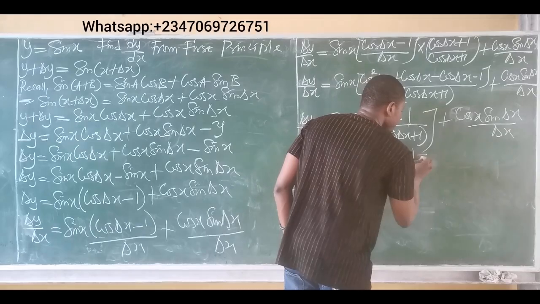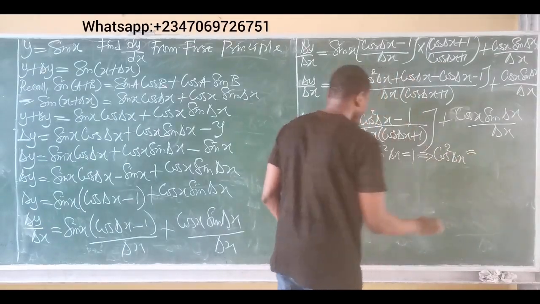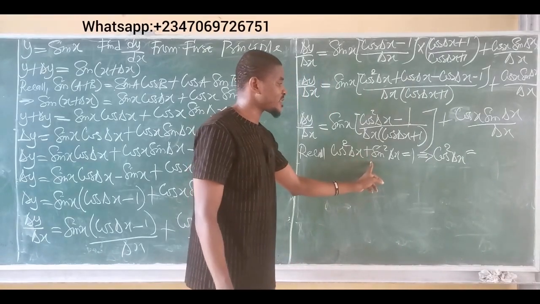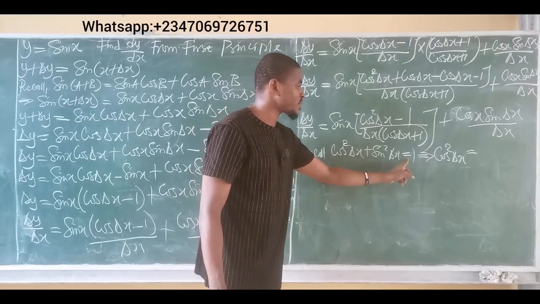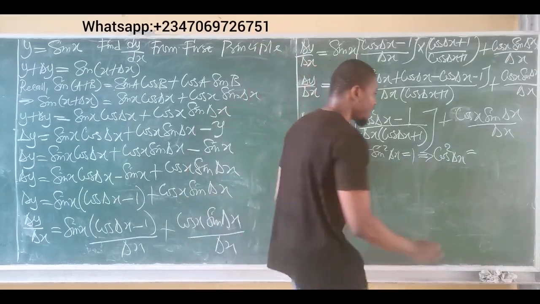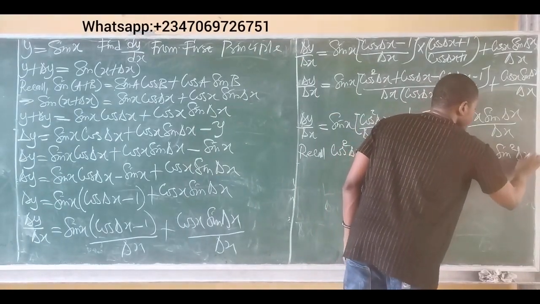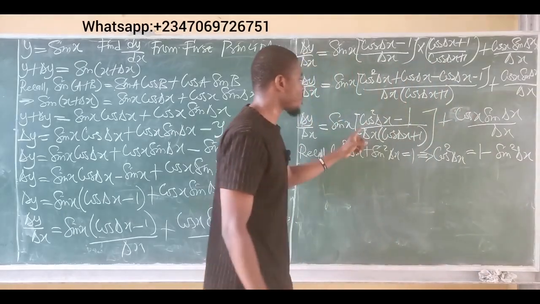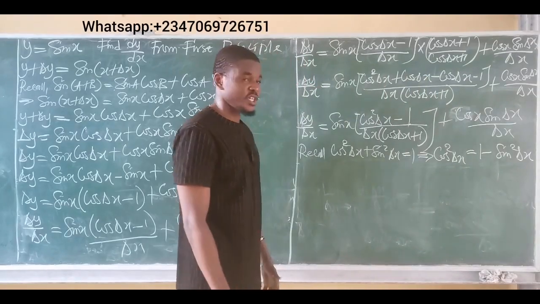Alright, so this simply implies that cos squared change in x is going to be equal to sine squared change in x moved over to this side of the equation. Positive sign becomes negative. So I simply have 1 minus sine squared change in x. So in place of cos squared change in x, the value remains 1 minus sine squared change in x.